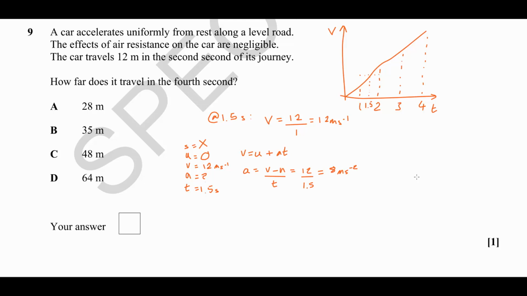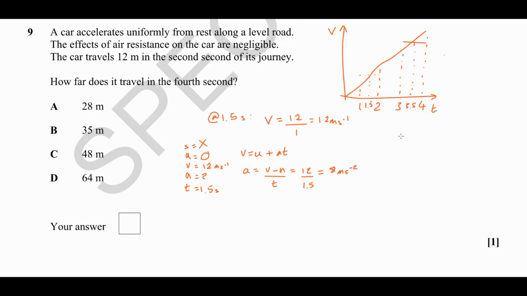Now to work out the distance travelled in this fourth second, we need to do a very similar trick. We need to work out what the velocity is at 3.5 seconds, because that will give us the average velocity over that entire second, and hence from that we can work out the displacement.